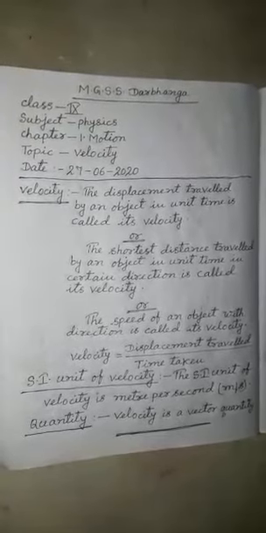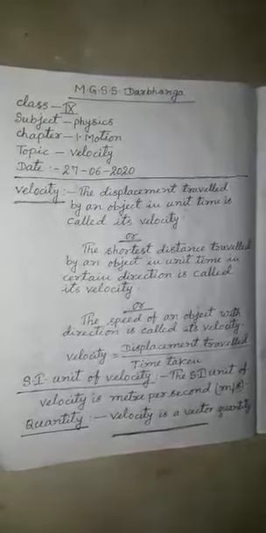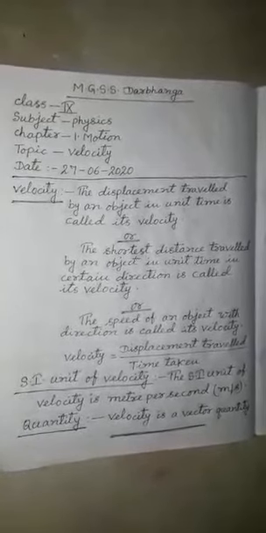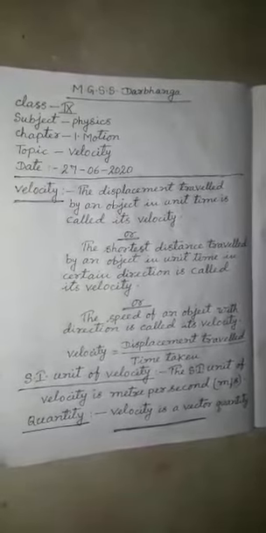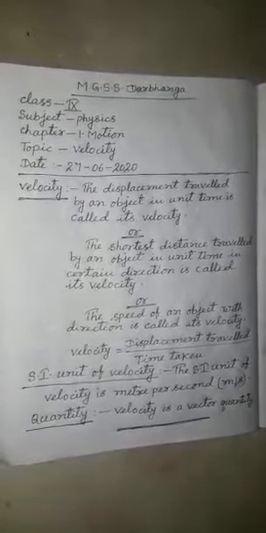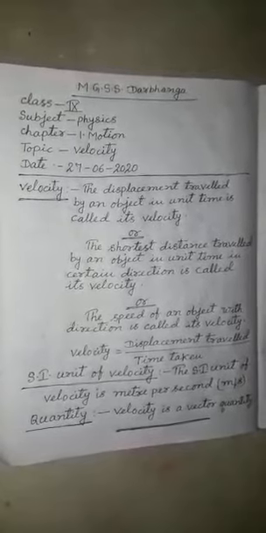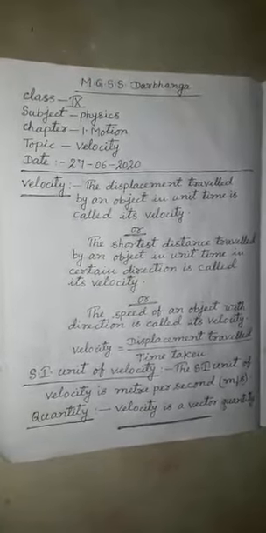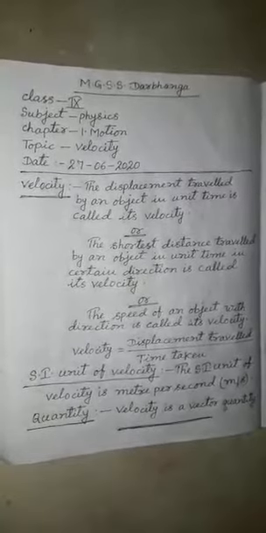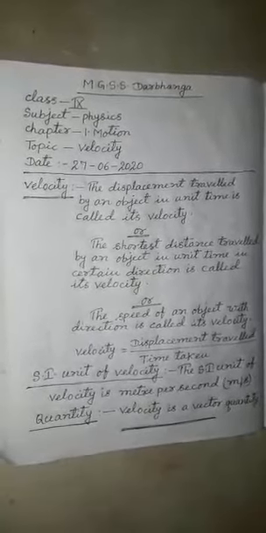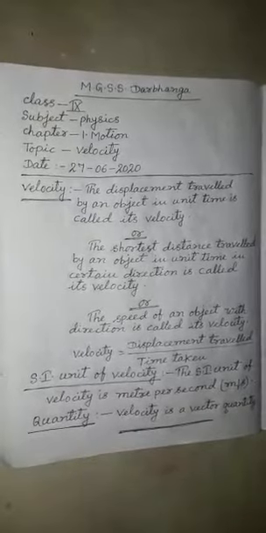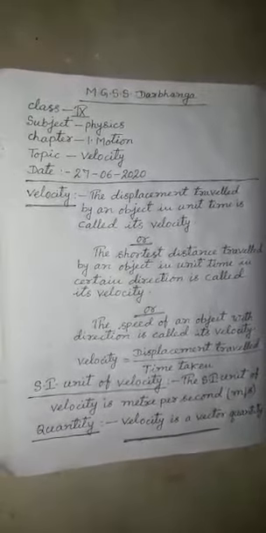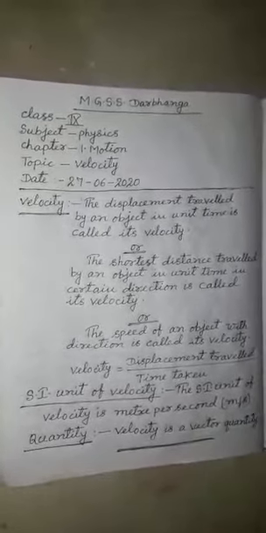Compare second and third definition. The shortest distance traveled in unit time, that is speed, in certain direction. There is no difference between these two. No change. Only words are changed, but the theme is same.